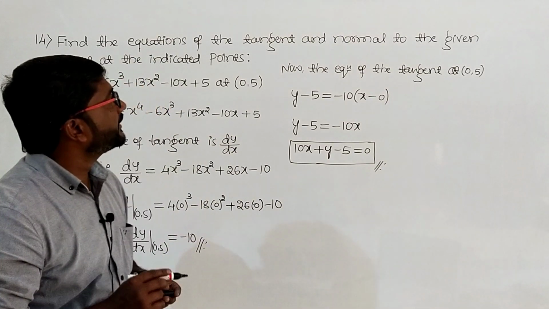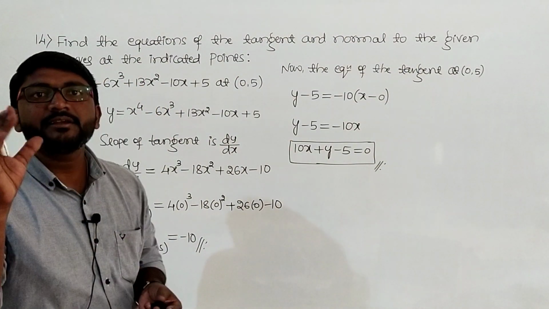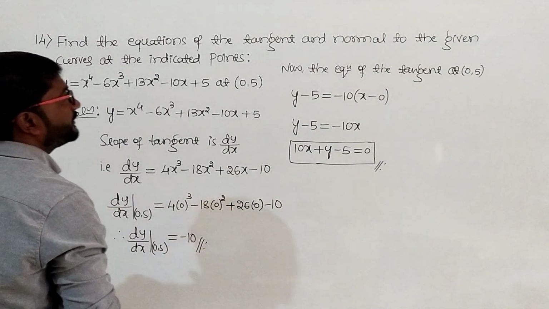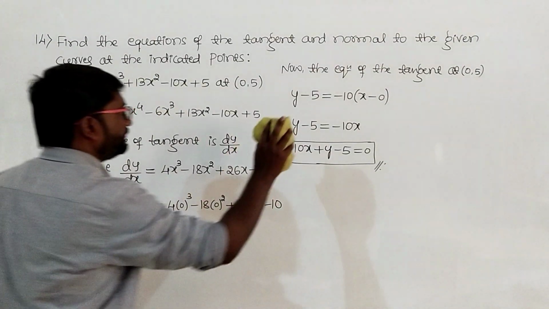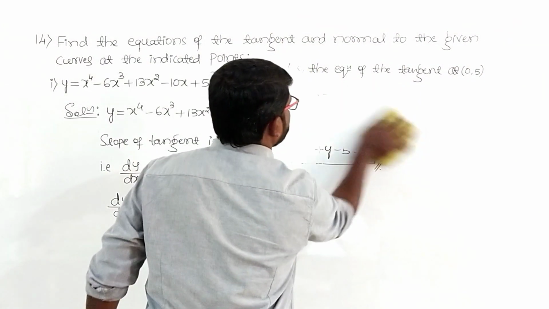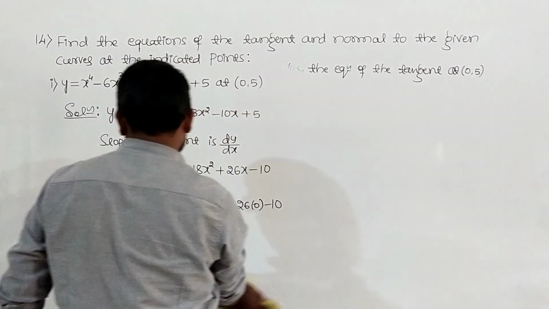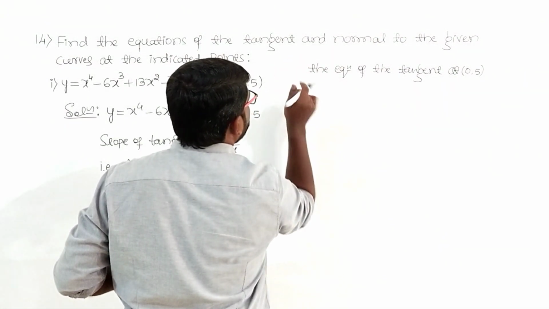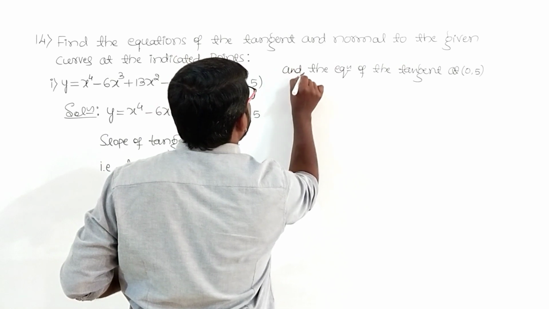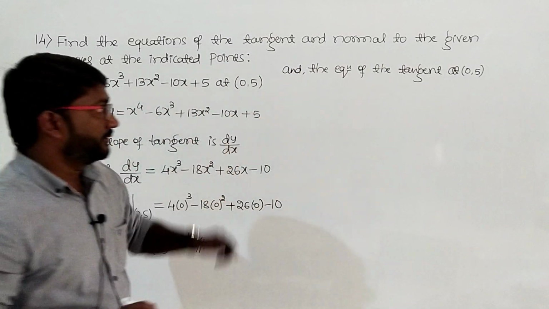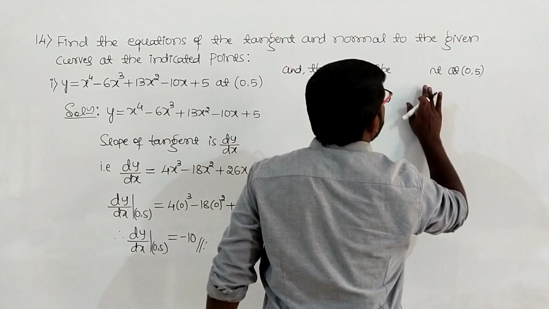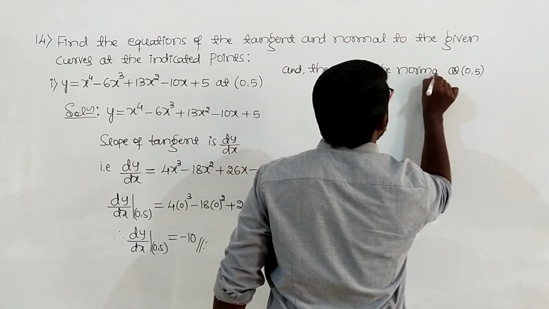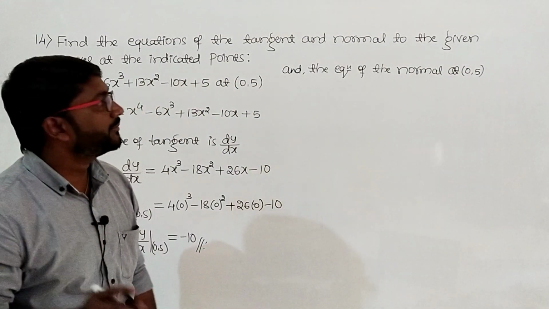Next we will have to go for the slope of the normal and the equation of the normal. So I will erase this and then I will go for the equation of the normal. See here, we have to write the equation of the normal at 0 comma 5.